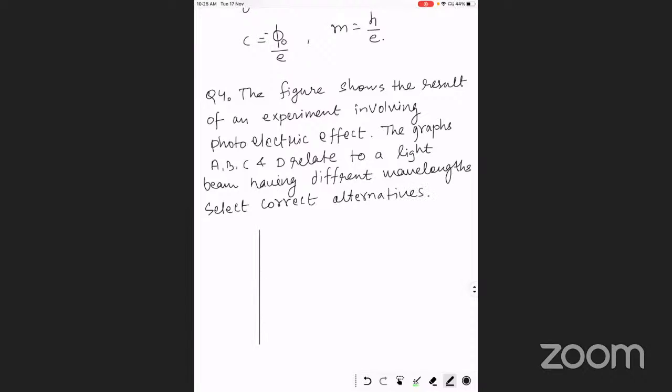With the help of this question, we will understand one more type of graph. See this, on the y-axis we have current, obviously photoelectric current, and on the x-axis we have accelerating potential.